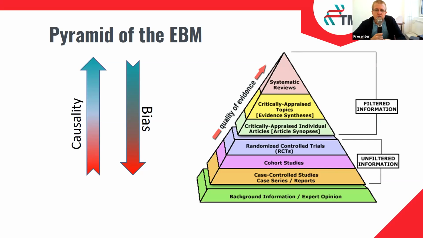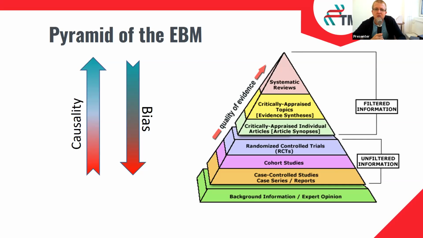Today, you have heard about randomized controlled trials, which are above observational studies in the level of evidence, which means that these studies are less vulnerable to bias. The cause-effect relationship of the exposure, of the intervention you tested, is more strict compared to the observational studies.